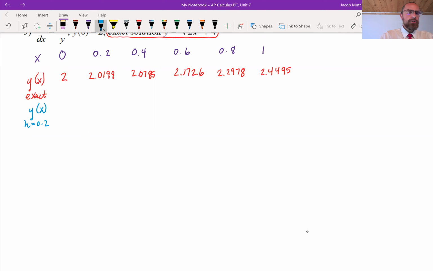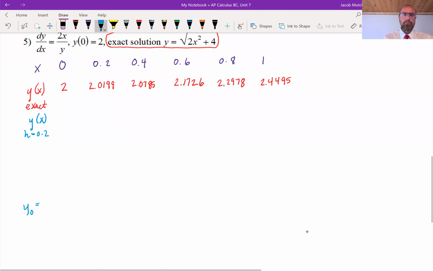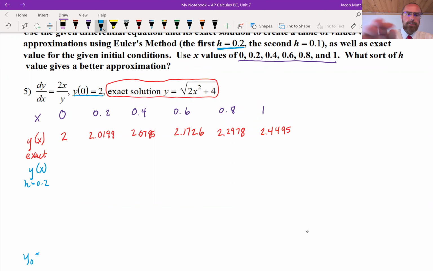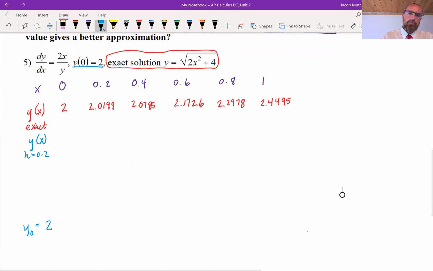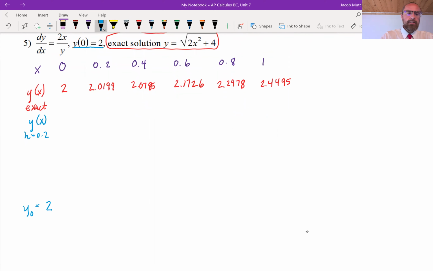We'll do that just the way we had done with our first example. So y sub 0, we know is going to be 2. And again, I can say where that's coming from. That's from the initial condition, y at 0 equals 2. Now we're going to use our algorithm, Euler's method, to proceed. It's a recursive method. So y sub 1 is going to be y sub 0, which was 2, plus the step value, 0.2, times the differential equation evaluated at x sub 0, y sub 0.